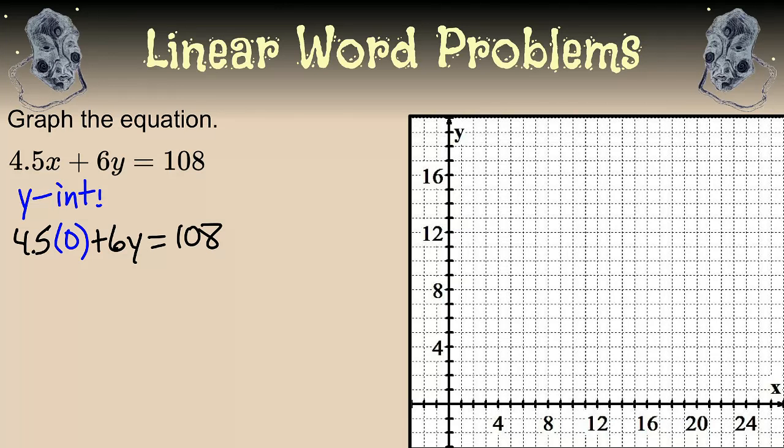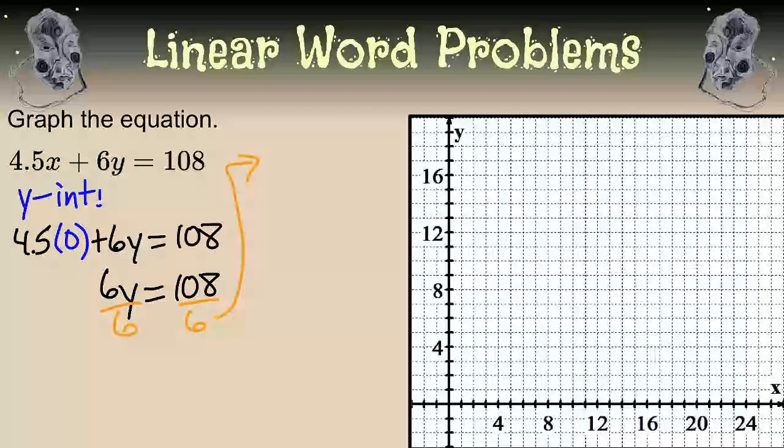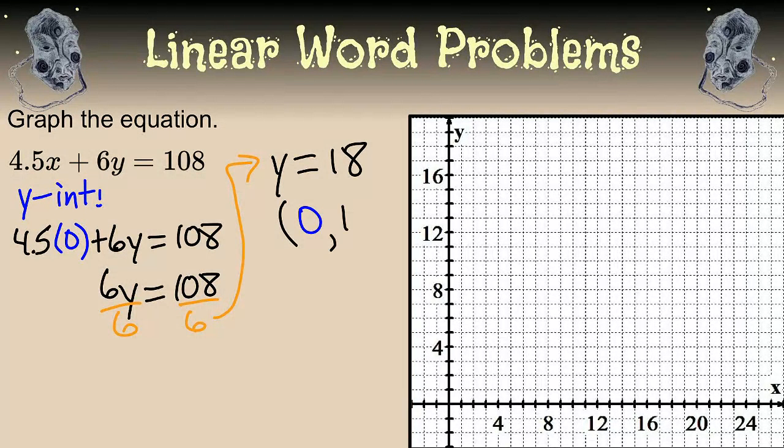So we need to divide by 6, so we have 6y equals 108. And we get y is equal to 18. 108 divided by 6 is 18. So we have the point x is 0, y is 18.